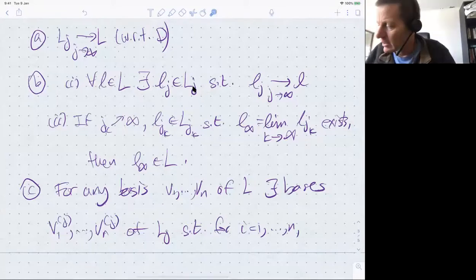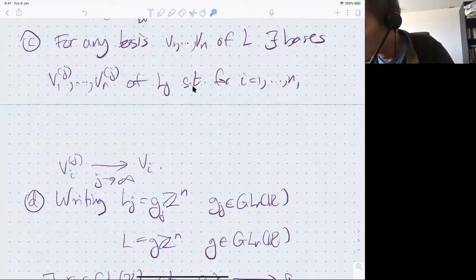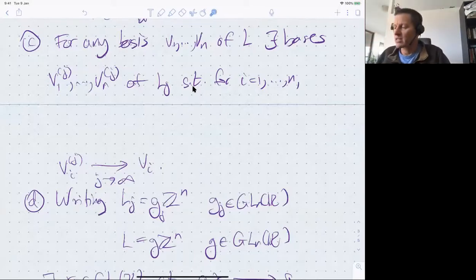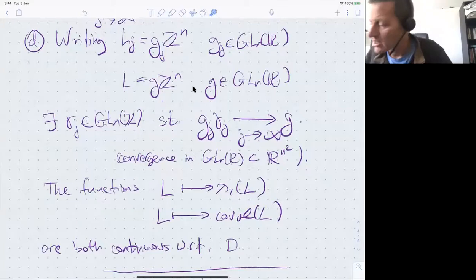That's B. C is convergence of the bases. Whenever you have a basis of the limit lattice L, you can find a corresponding sequence of bases, where the j-th n-tuple is a basis for the j-th lattice, and each individual element of the basis converges to what it should. So that's the convergence of bases characterization of convergence. You can rewrite this in terms of matrices.